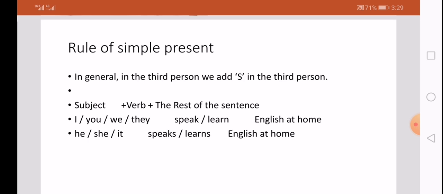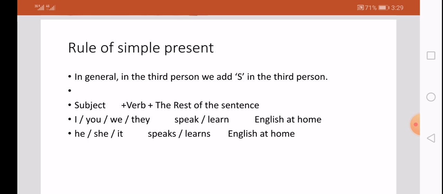But if the subject is one of these, I, you, we, they, the verb speak or learn English at home, the verb speak or learn doesn't have anything.